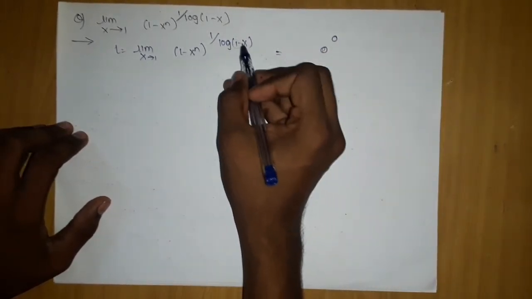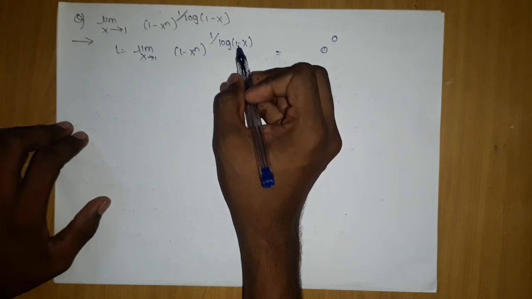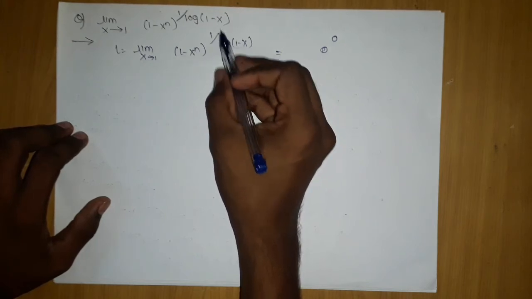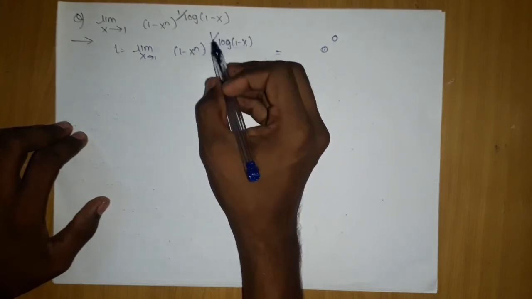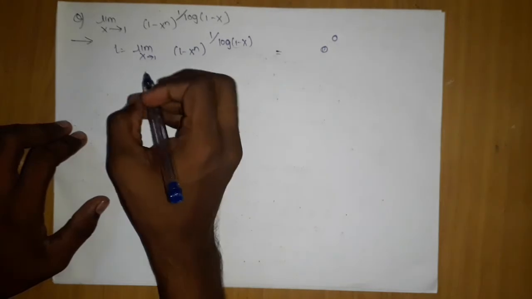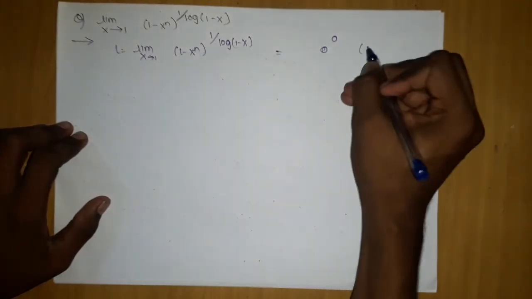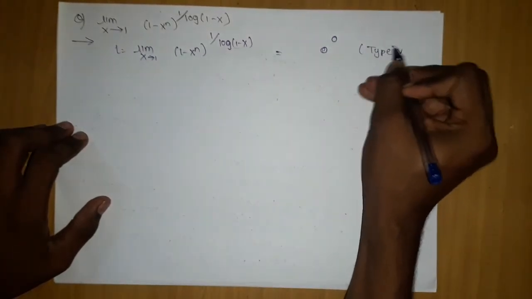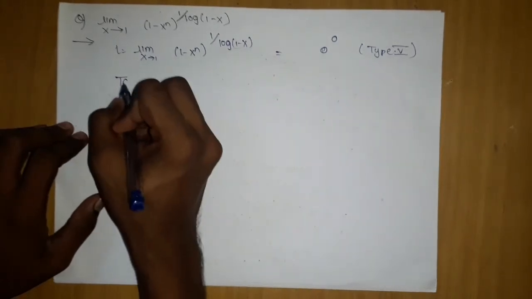This will become what? This will become 0. Log 0 was minus infinity. So we are getting 0 by 0 form. What we are going to do is, since it is type 5, our steps will be the same.